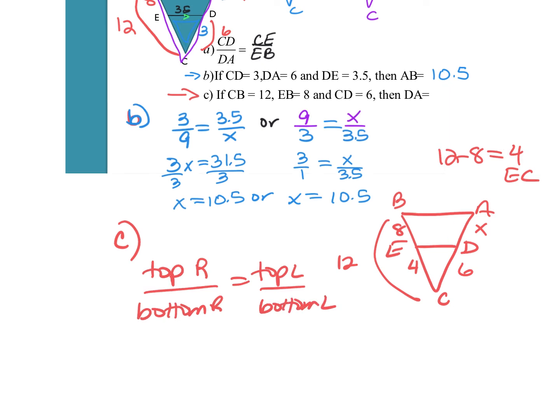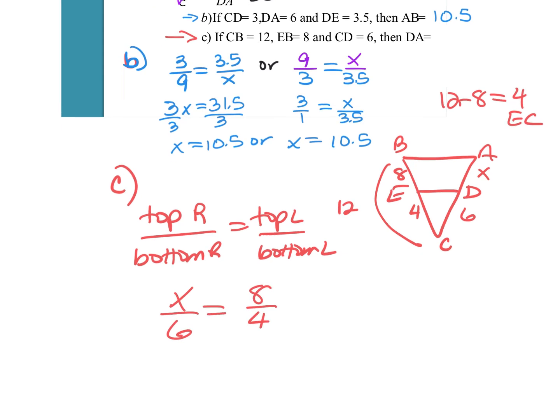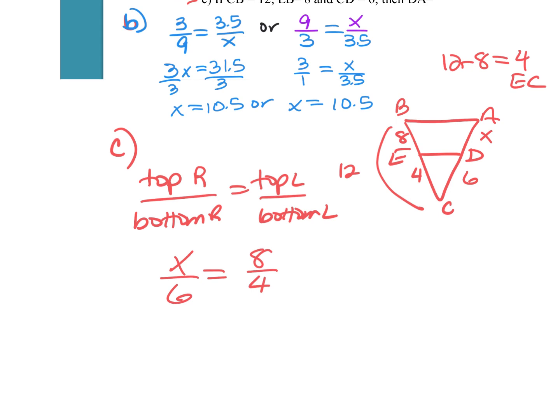That's how I'm going to set up my proportion. So I can do x over 6 is equal to 8 over 4. And now I can cross multiply for x. Now, again, you can simplify it first. I'm going to do it without simplifying.